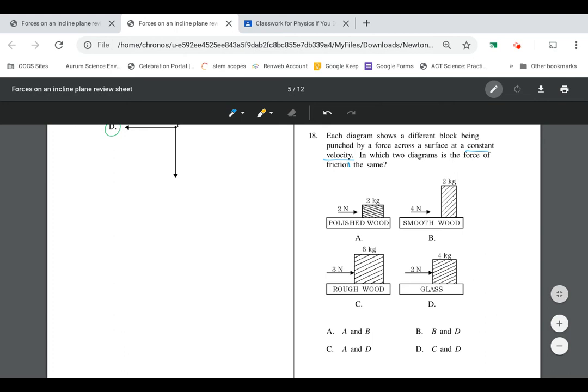So, since the net force is 0, that means applied force should be the same as frictional force, right? So which two have the same applied force? A and D. Your answer is C.